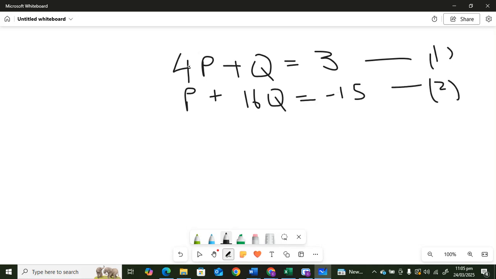Meaning we take this 4p over the other side, so our new equation becomes Q equals 3 minus 4p. We've adjusted equation 1 and made Q the subject of the formula. Any questions before I move further?